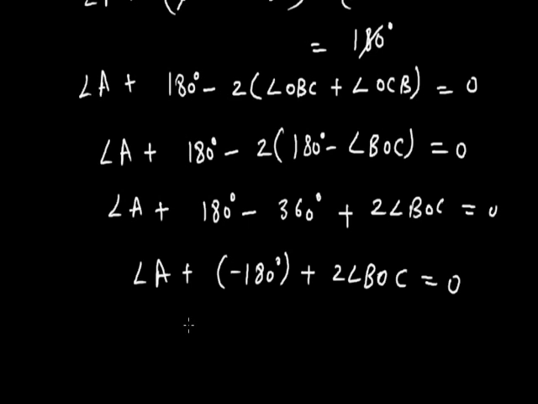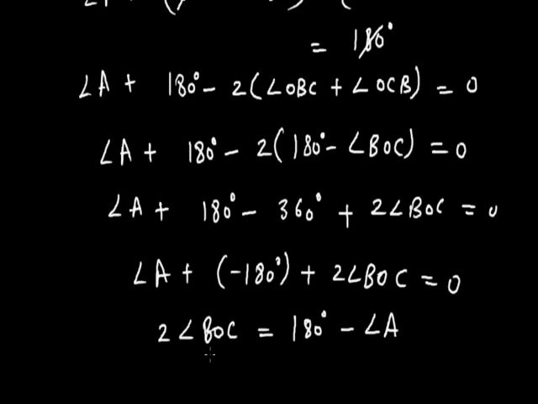Maintaining the term twice of angle BOC on the left hand side and taking the remaining terms on the right hand side, I'll get twice of angle BOC is equal to, see here that 180 degrees has a negative sign, or it is subtracted on the left hand side. So taking it to the right hand side, it will become positive, or added. So twice of angle BOC is equal to 180 degrees minus angle A.